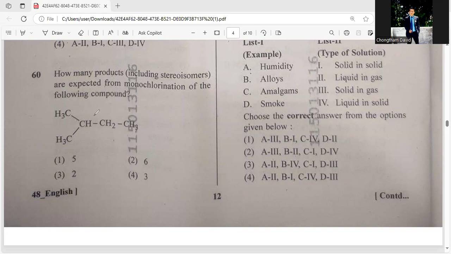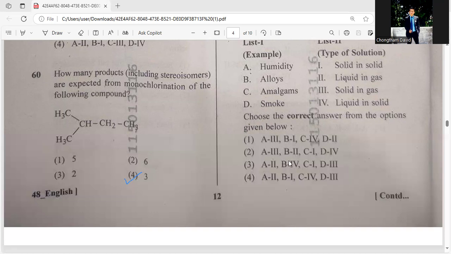So there are 4 types of hydrogen, so it must be option number 4. It will have distinct products because of these primary and secondary chiral centers.